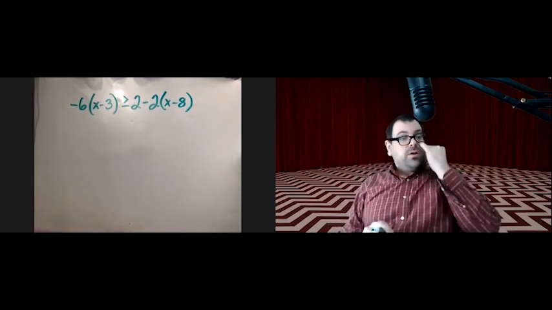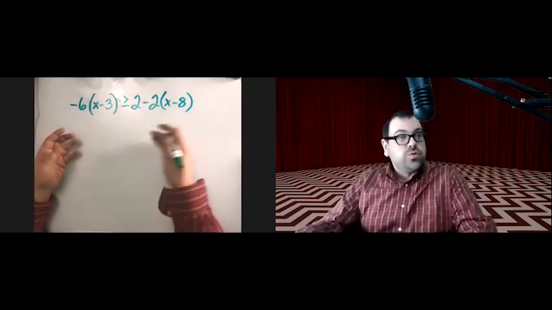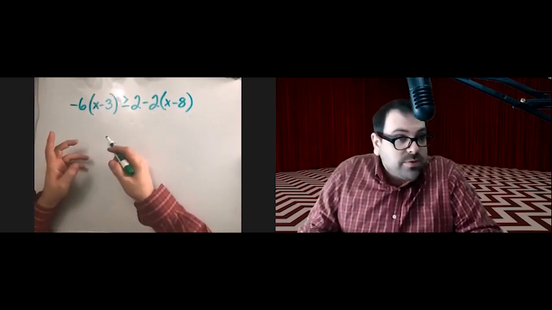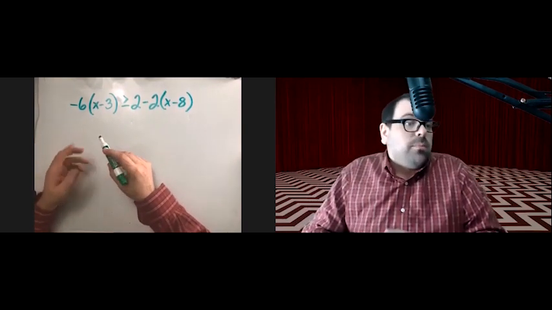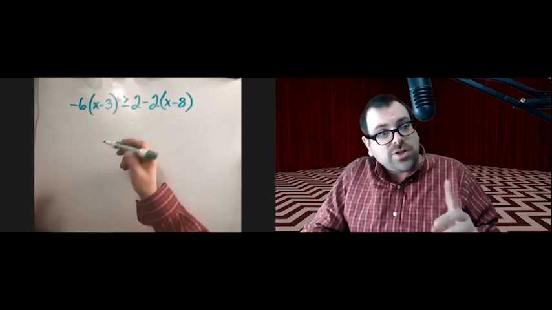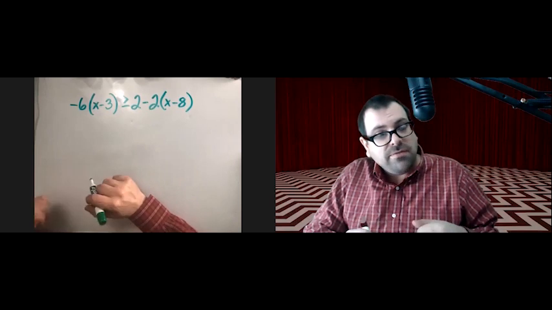So again, we are going to treat it like it said equals, unless we come to a step where we are multiplying by a negative or dividing by a negative, in which case the inequality sign flips.